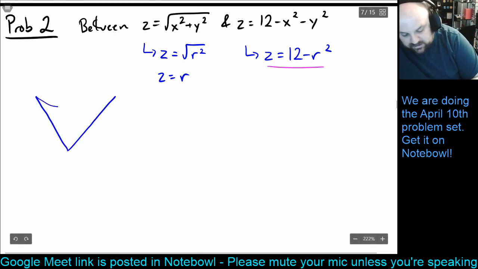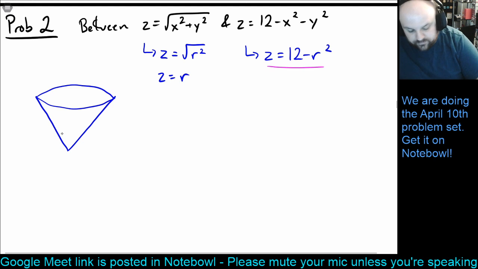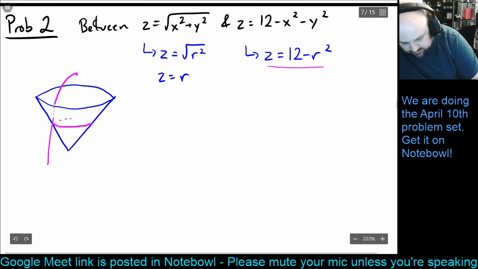Looks something like this. Let me not fill in any bit of the cone yet, because then the paraboloid is going to start up here, and it's going to hit the cone somewhere. Say in this circle right here.